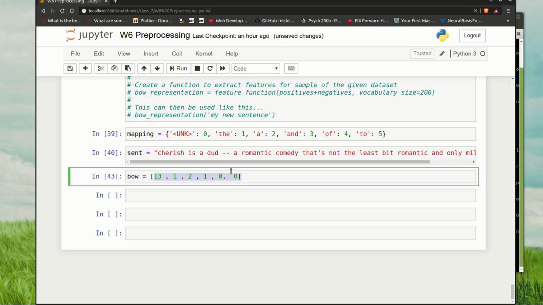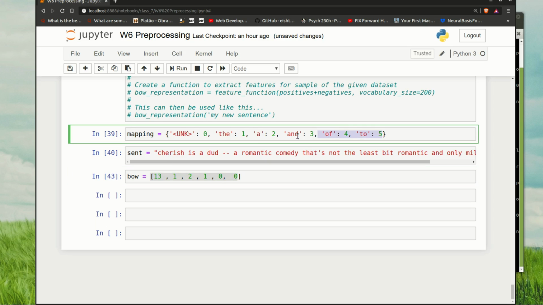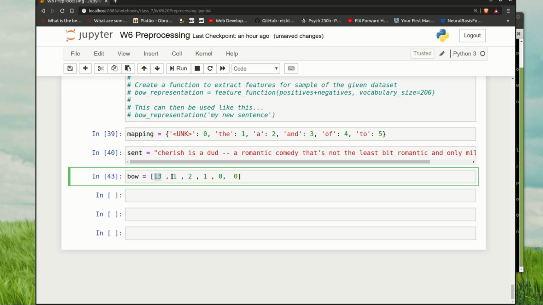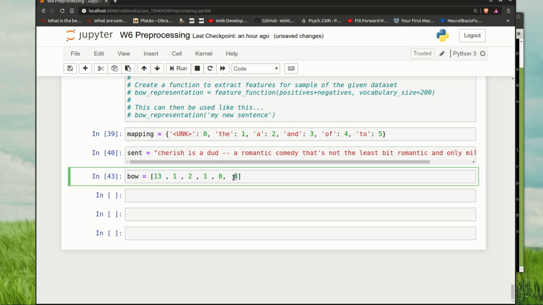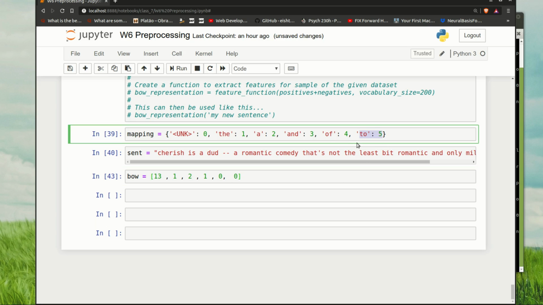The first thing to notice is there are 6 elements here and 6 elements here. Each element in the bag of words representation corresponds to one of the words in the vocabulary. This 0 here indicates that there is no occurrence of the word to.